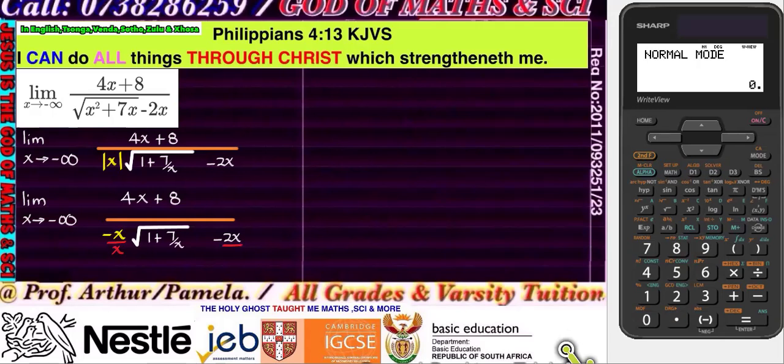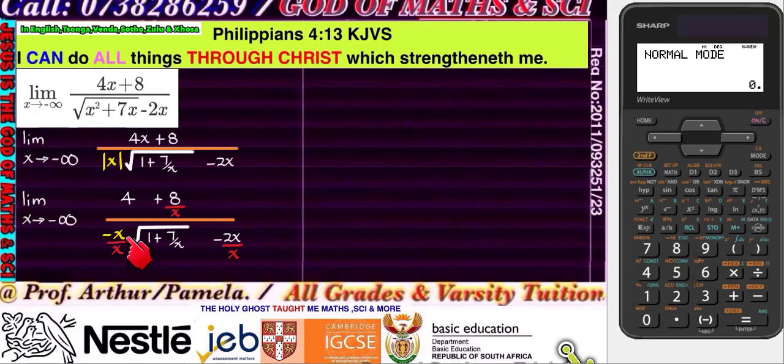Each term individually, divide here by x. Do the same thing at the top, divide by x. Do the same thing here, divided by x. Then the first part, the one with the 4, you'll be left with just the 4, correct? 8 over x will remain as it is.